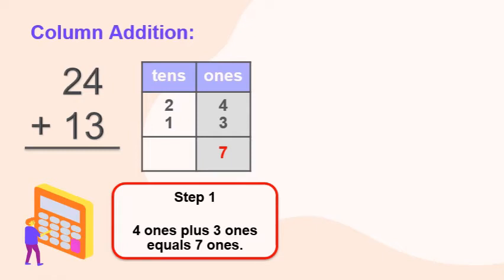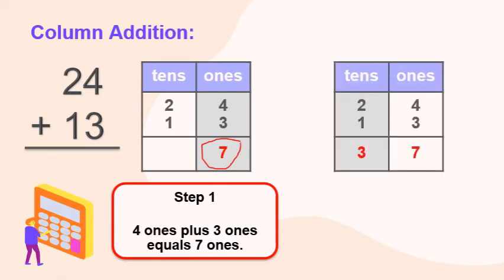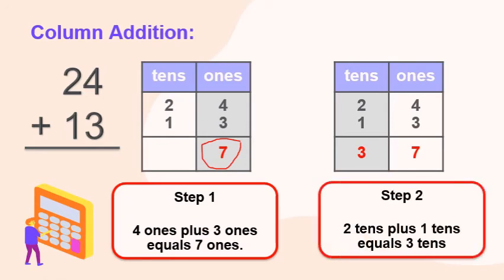Step 2, we are going to add the tens place. 2 tens plus 1 ten equals 3 tens. Therefore, 24 plus 13 is equal to 37.